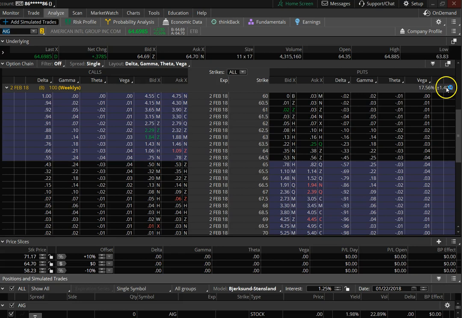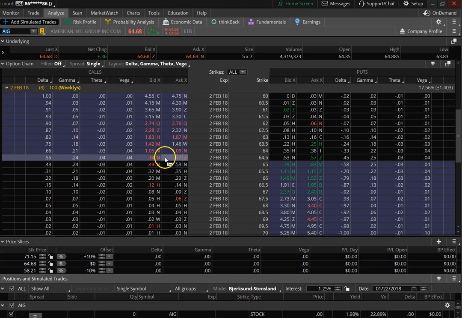And now you're really understanding what volatility has to do with it. Remember those other volatilities were in the 30s and the 40s? That's because the markets are pricing a much bigger move on those stocks than AIG. AIG is a much more stable stock, okay?